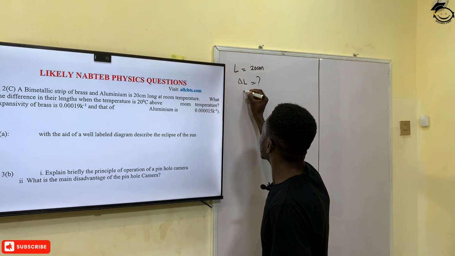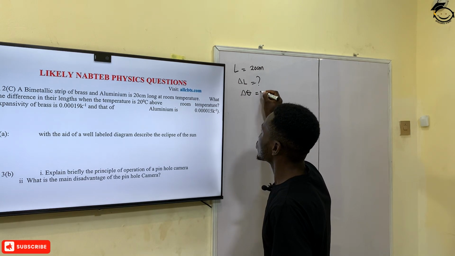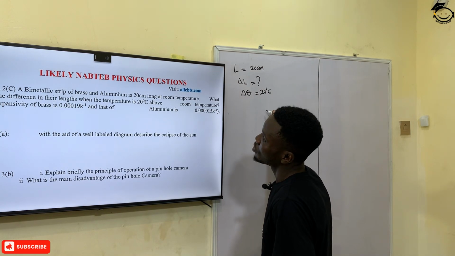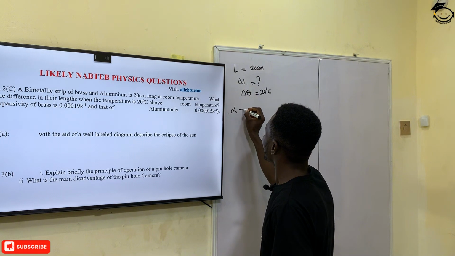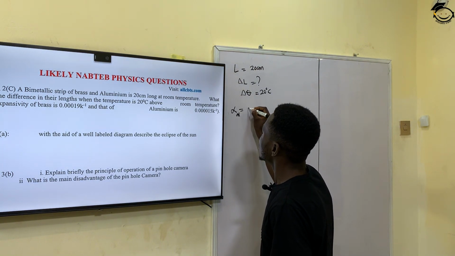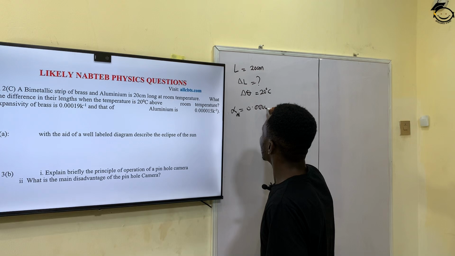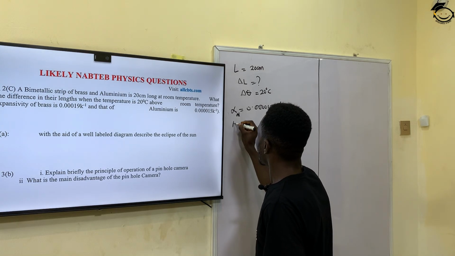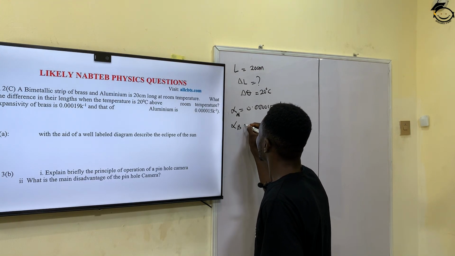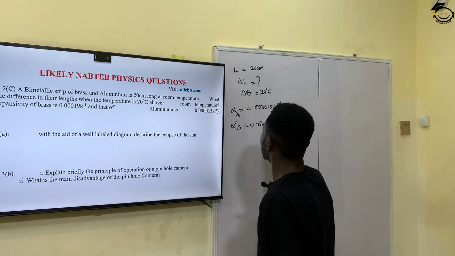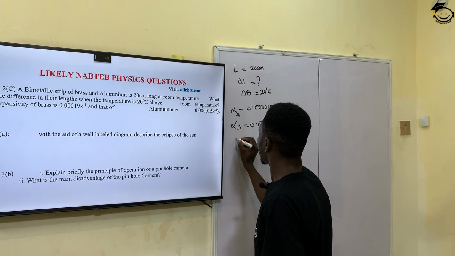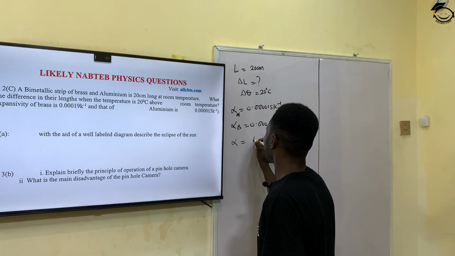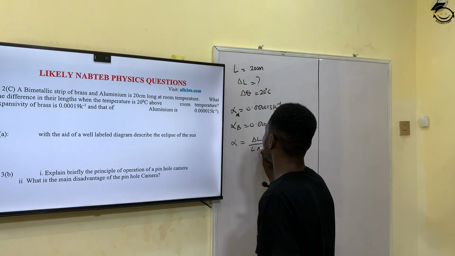So we know that the change in temperature here is 20 degrees Celsius. We know that alpha for aluminium is 0.000015 per Kelvin, and that of brass is 0.00019 per Kelvin. We know that the linear expansivity is change in length all over length times change in temperature.